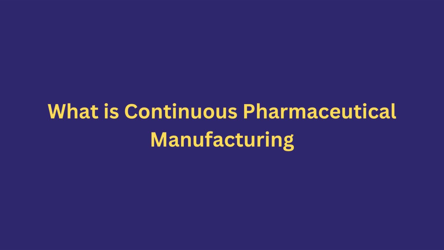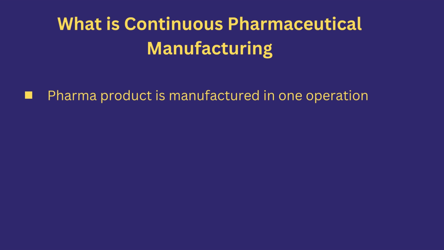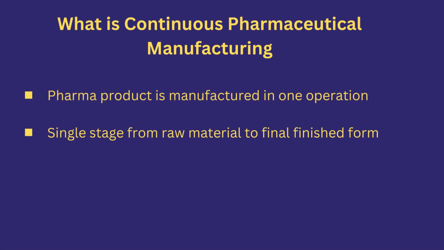What is continuous pharmaceutical manufacturing? Continuous pharmaceutical manufacturing is the latest procedure of manufacturing pharmaceutical products. In this procedure, the entire production process consists of only one process, stage or operation. There is only a single stage as the product proceeds from raw material form to the final finished form.